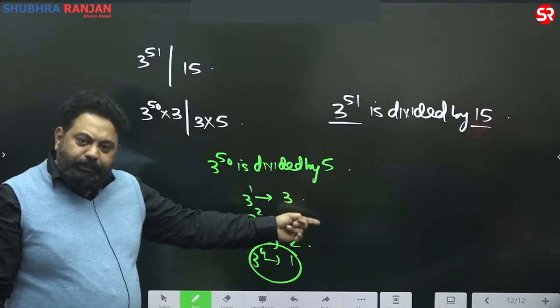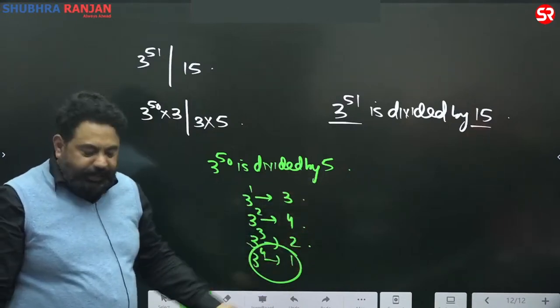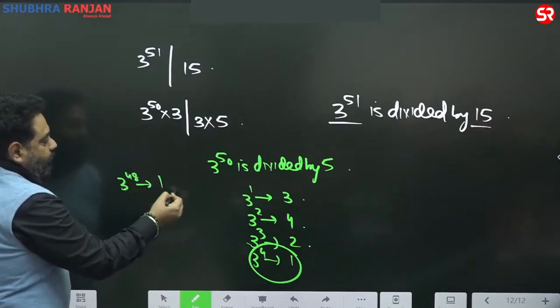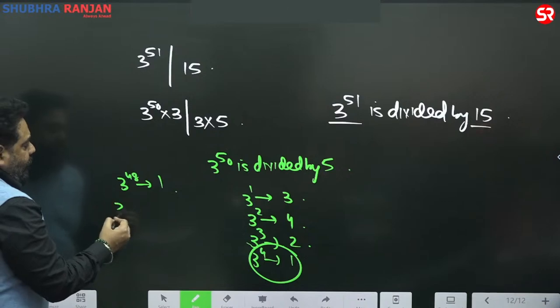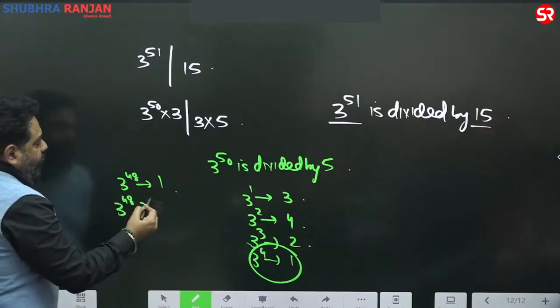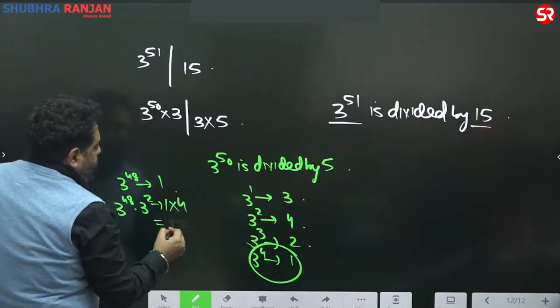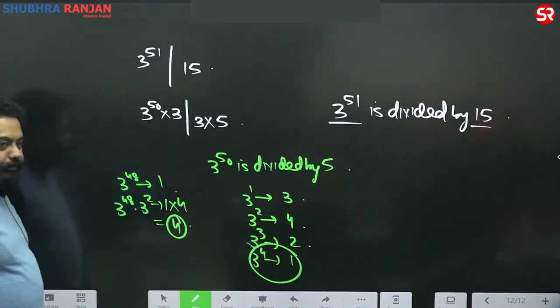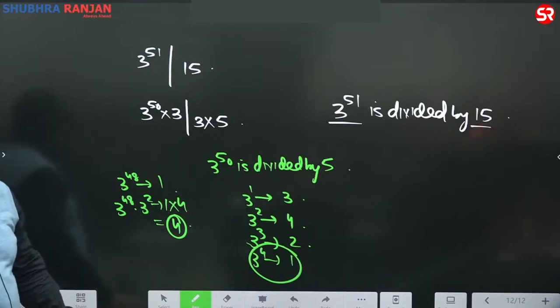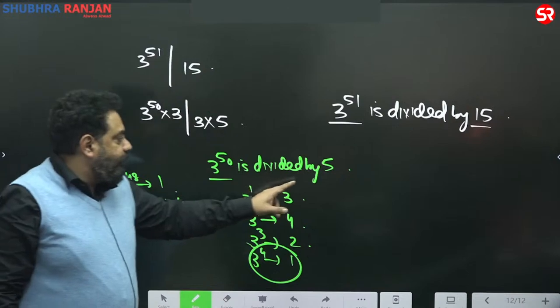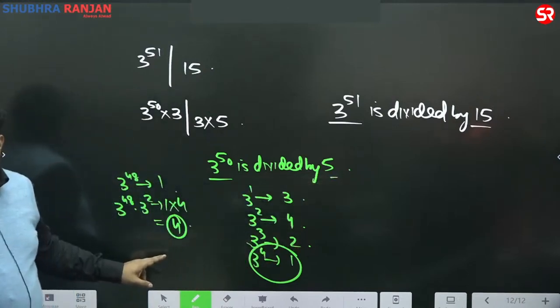Same process, same line. Which means 3 to the power 48 also gives you 1, which means 3 to the power 48 into 3 to the power 2 gives you 1 into 3 to the power 2, which is equal to 4. So 3 to the power 50 when divided by 5, remainder is 4.